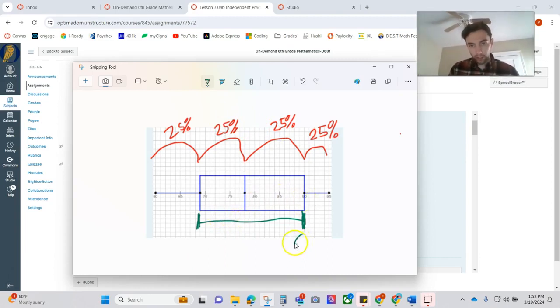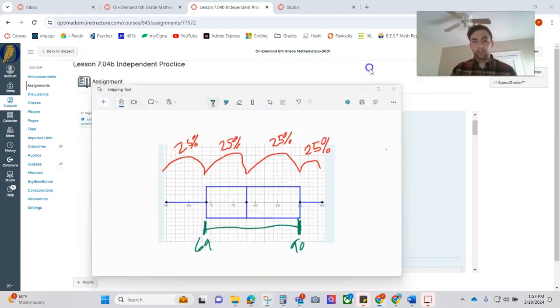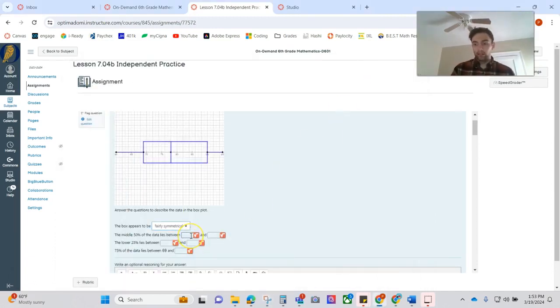Well, it looks like this number is 90, and this number is not 70, it's 69. So between 69 and 90.